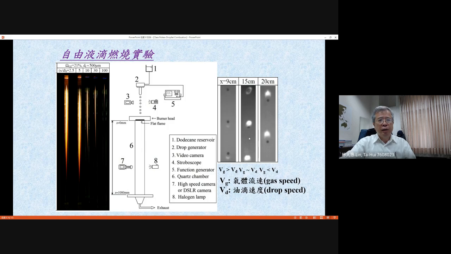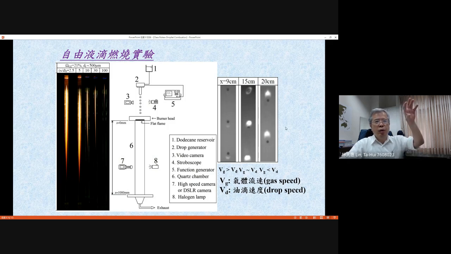But now we start to have a droplet velocity larger than the gas velocity. Now the direction of relative velocity will point upward. Then your diffusion flame will be pushed further, to a longer distance in the downstream of your droplets.